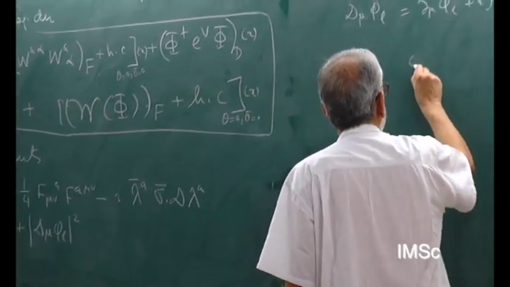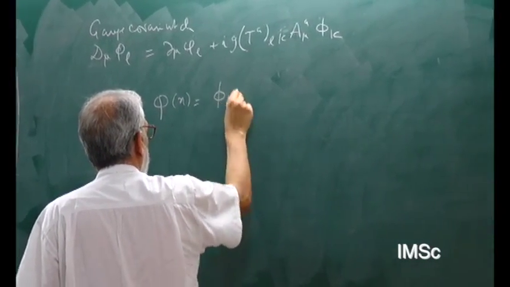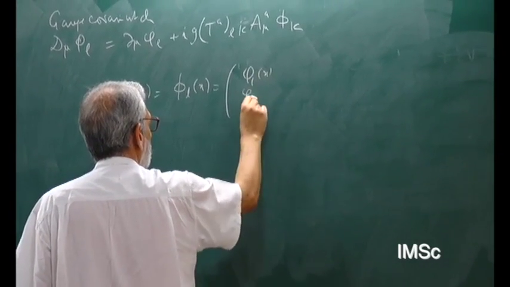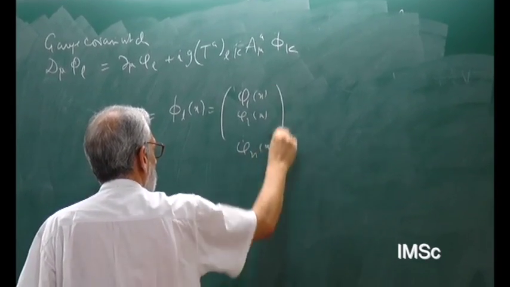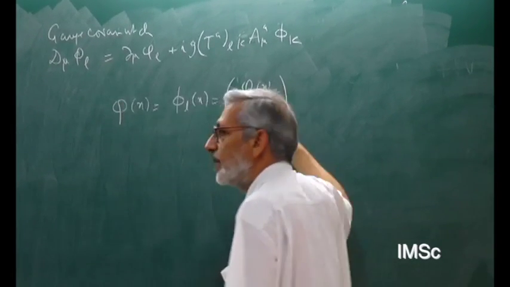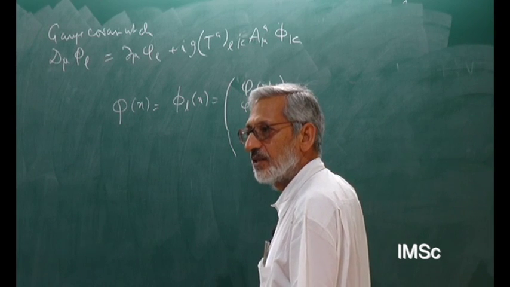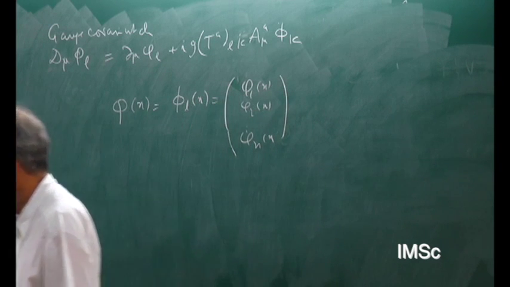So the scalar field φ(x) is φ_L. It has a certain number of components, φ_1(x), φ_2(x), φ_n(x), depending upon the dimension of the representation. For a doublet there will be 2, for a triplet representation of SU(2) there will be 3. So that's what this L is.